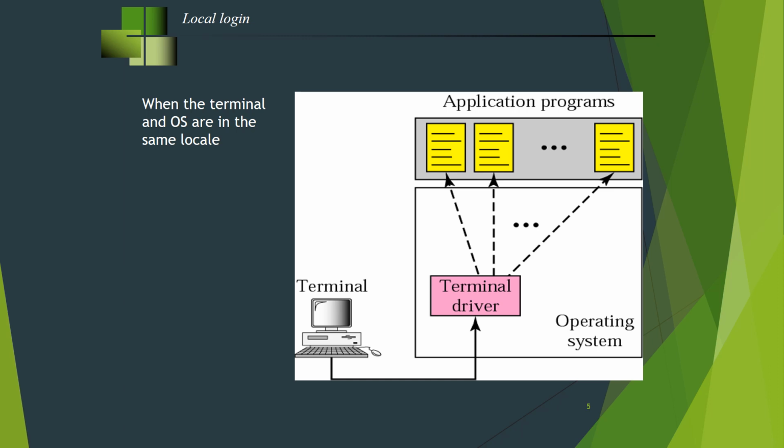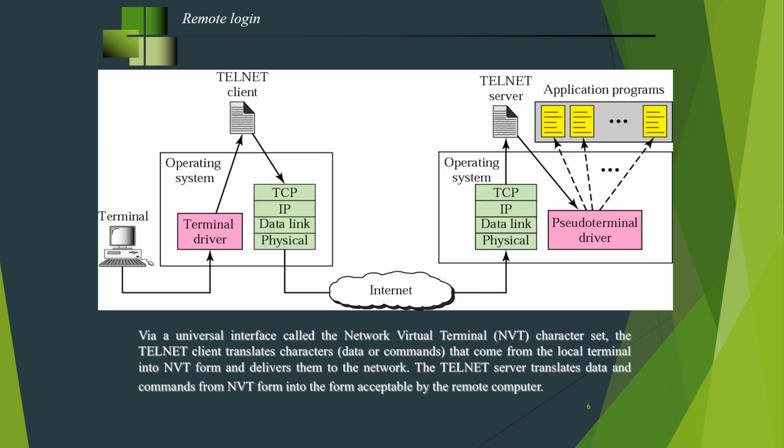Now, in the second category, the user wants to access an application program located on a remote machine, which is the remote login. Here the telnet client and server programs come into use.